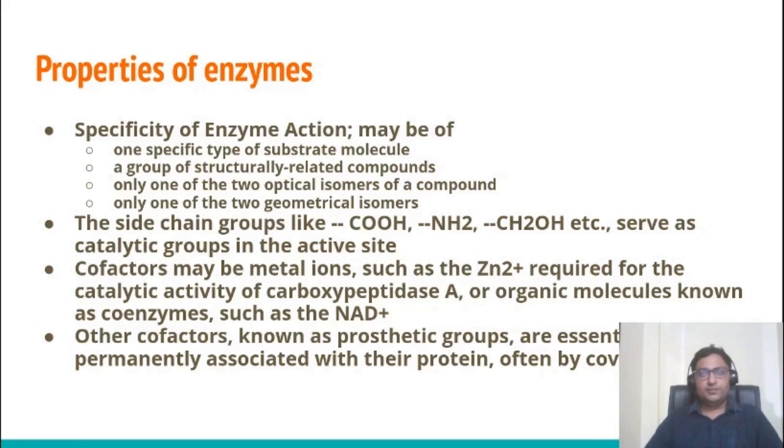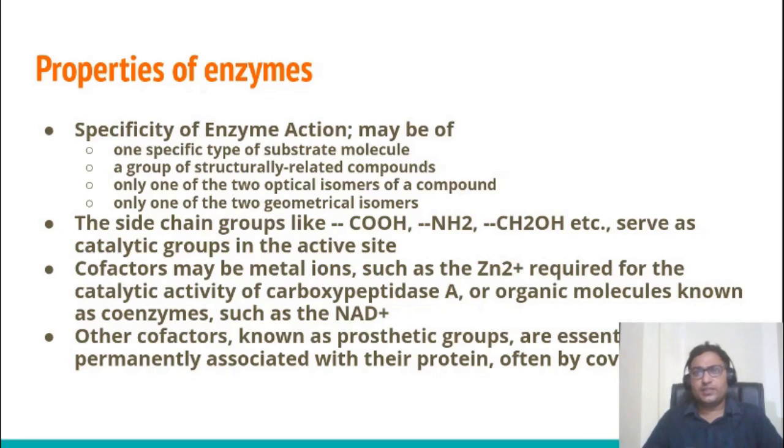Now enzymes may require various cofactors, that means metal ions like zinc, magnesium, iron. Catalase is an enzyme which requires iron, whereas a few of the photosynthetic enzymes require magnesium.